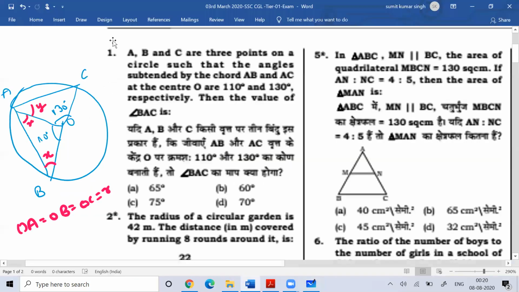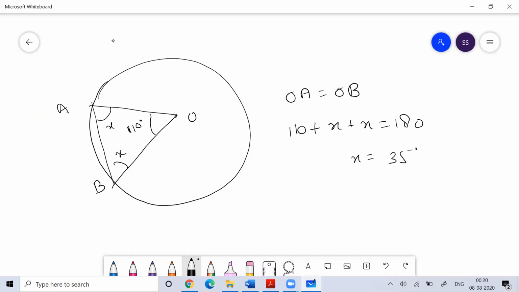That is 70 divided by 2. Then there's the other side, C, which makes an angle of 130 degrees. If you join this chord, this is Y. Similarly in triangle OAC, which is again isosceles, OA will be equal to OC.